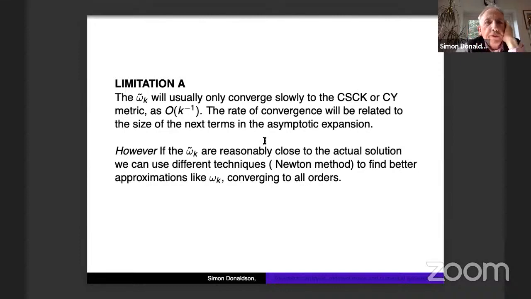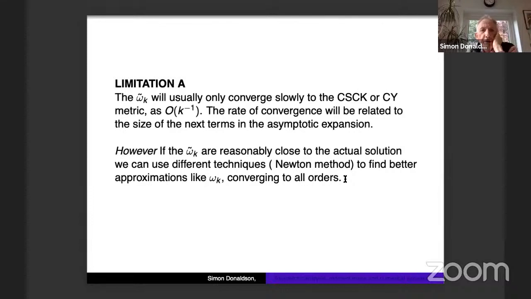However, if our omega tilde k are just reasonable approximations to the actual solution, then one can use some different approaches, a kind of Newton method, to find better approximations within these algebraic schemes, like the omega k that we discussed before, which should converge to all orders.